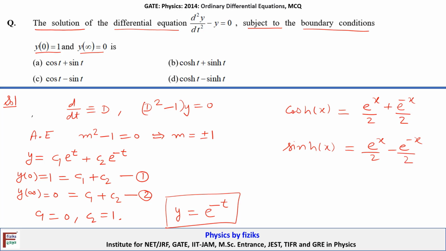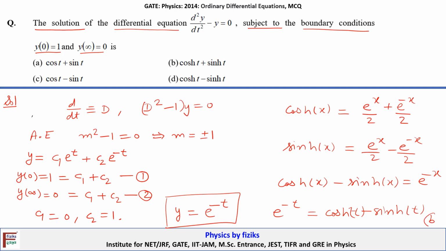Now subtracting these two equations, we can write cos hyperbolic x minus sine hyperbolic x is equal to e to the power minus x. For t, we can write e to the power minus t is equal to cos hyperbolic t minus sin hyperbolic t, which corresponds to option B, and hence option B is the correct option.